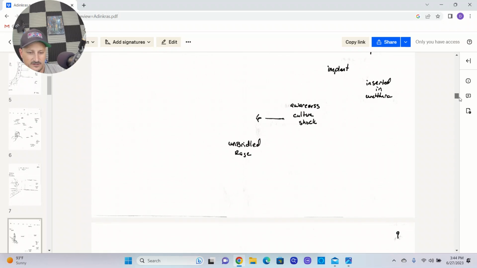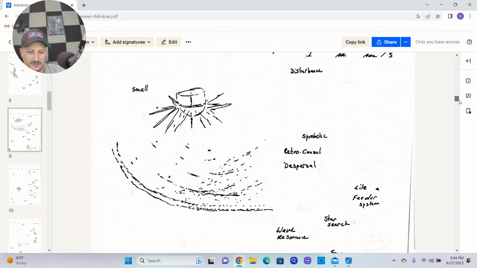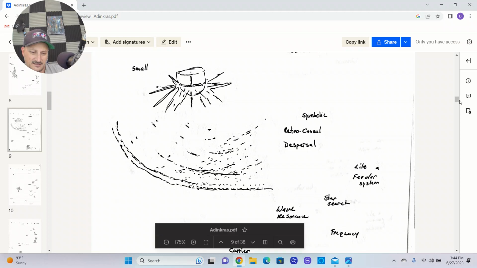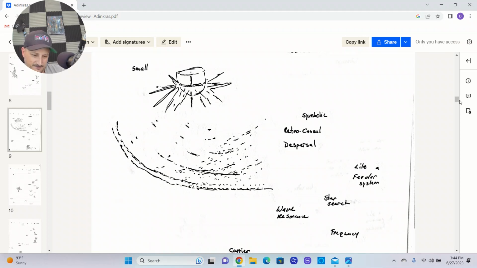This idea of awareness, unbridled rage from somebody. Again, disturbance, small, symbolic, retrocausal. This idea of dispersal, AOL signal like a feeder system. AOL star search. Okay, wave resonance.